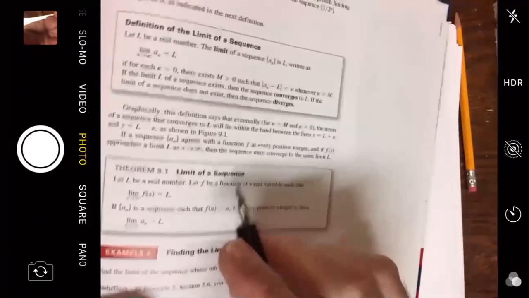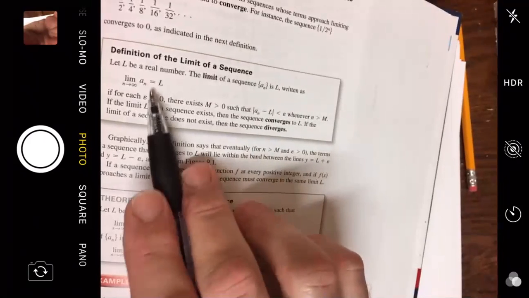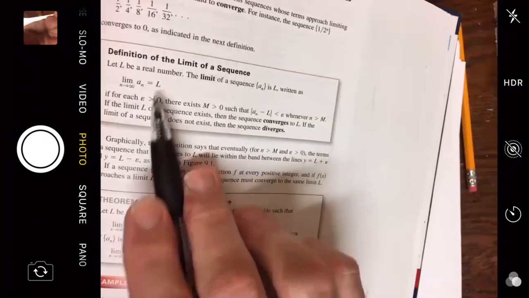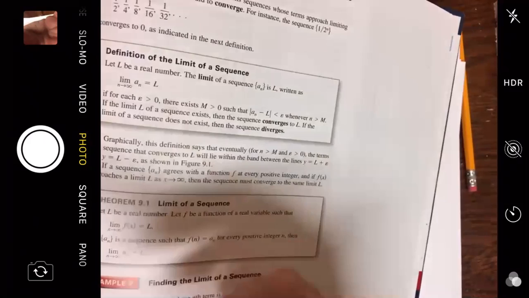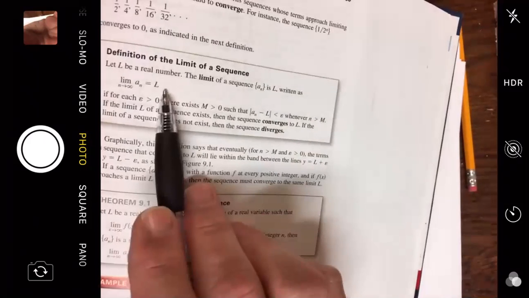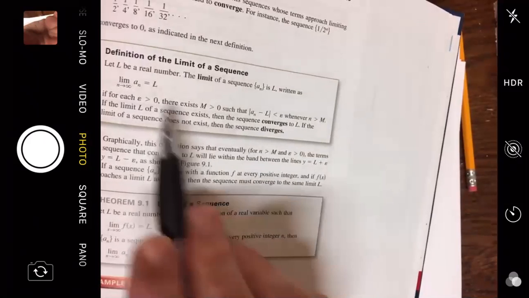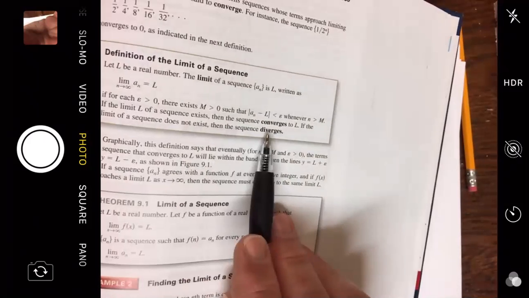Definition of the limit of a sequence. The limit as n goes to infinity of a_n is L, the limit value. It's a lot of gibberish here, but if it converges, L is finite. And if L is infinite, the limit does not exist, it's infinite, in effect the sequence diverges.